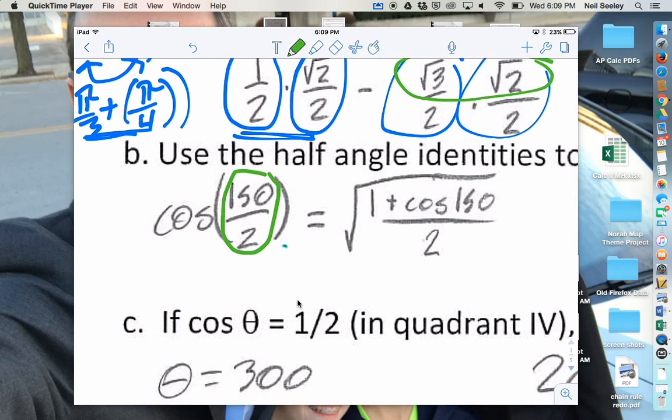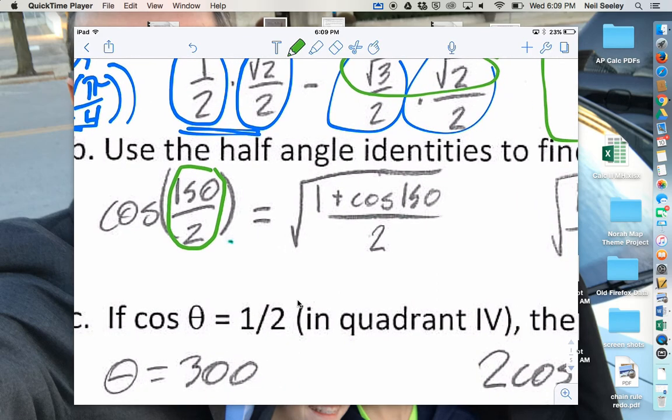Some people write cosine of 75 over 2 out of habit, but that doesn't help us at all, because if you look at the identity that's associated with this, which you see right here to the right, it has a plus or minus in it, and the cosine of whatever's in the numerator here is the key component of this identity. And the fact that it's 150 is a good thing because that's on the unit circle.